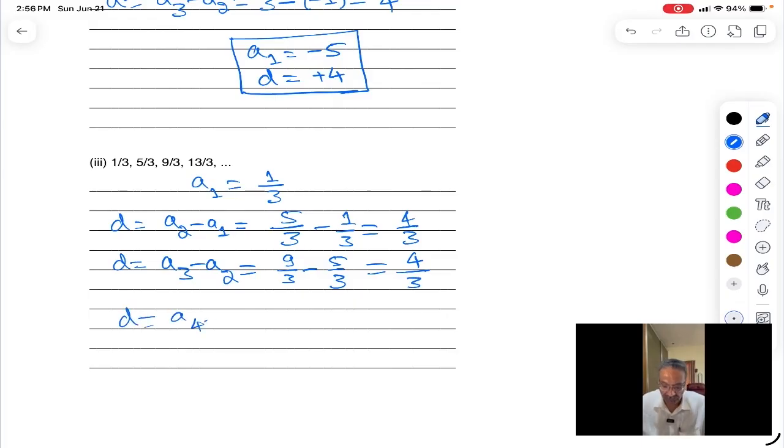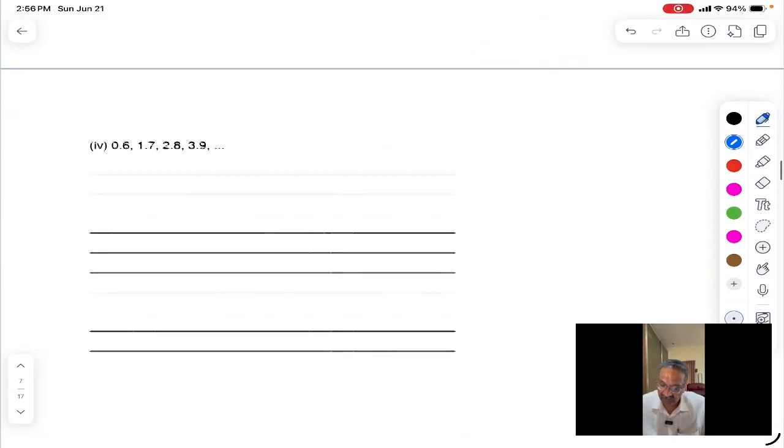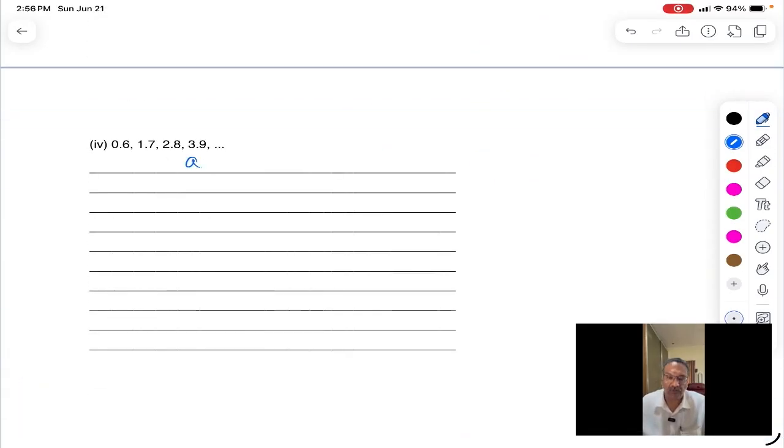Let us also check one more term, say a4 minus a3, which is 13 by 3 minus 9 by 3, which is also 4 by 3. So the answer is first term a1 is equal to 1 by 3 and common difference is 4 by 3. This is the answer.